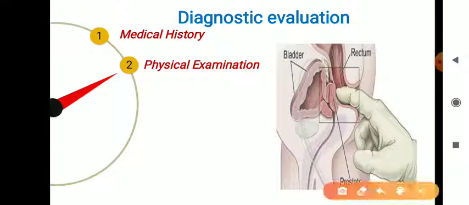The head to toe examination will be there, but to find out orchitis, mainly the digital rectal examination. In the signs and symptoms we have seen, the person has enlargement of the prostate gland. To find out the enlargement of the prostate gland, the digital rectal examination will be performed.